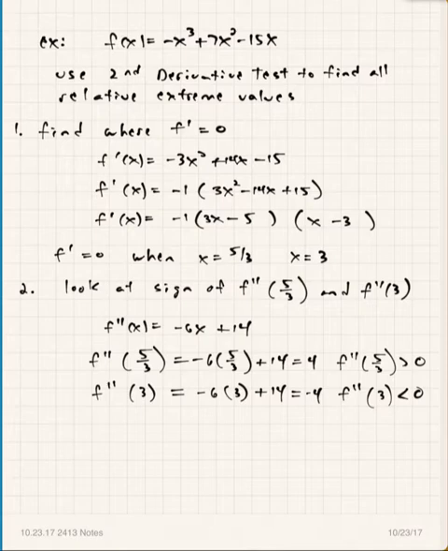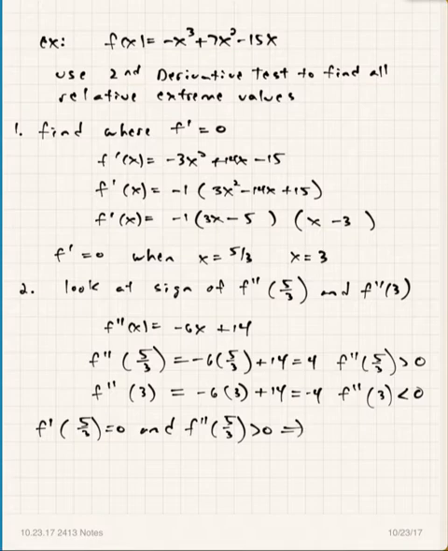And so what do we have here? We have that f prime at 5/3 is 0, and f double prime at 5/3 is positive, and that means we have a relative minimum at 5/3. The function's concave up, and you have a horizontal tangent line.